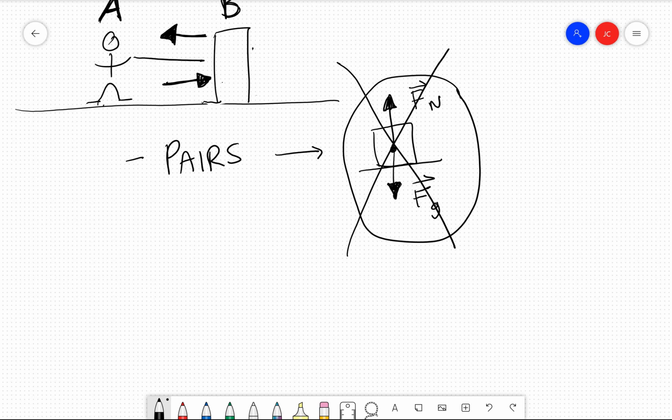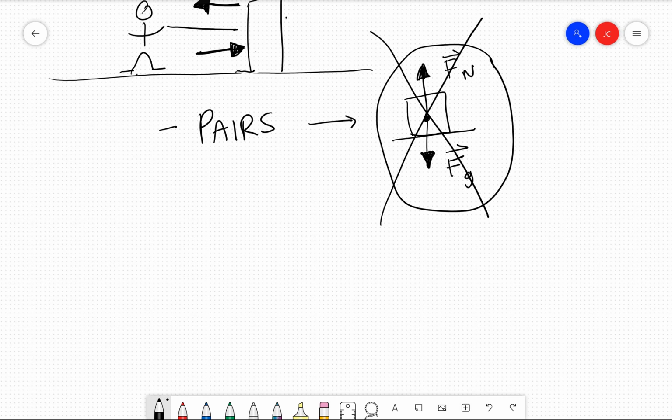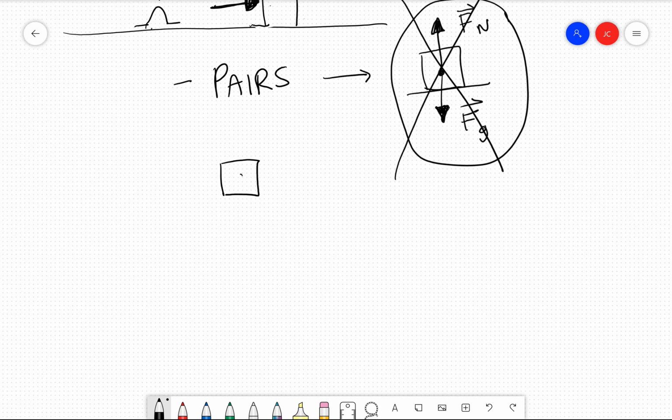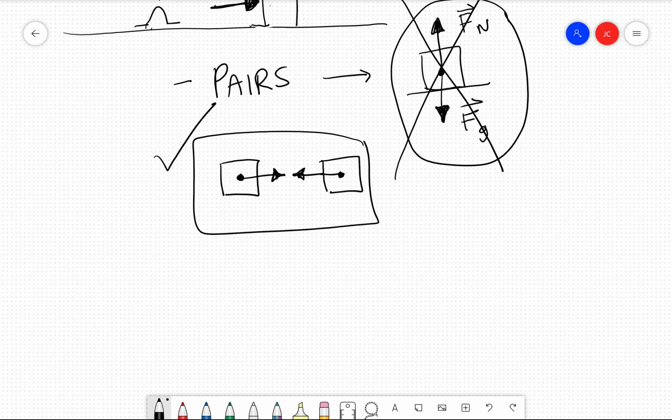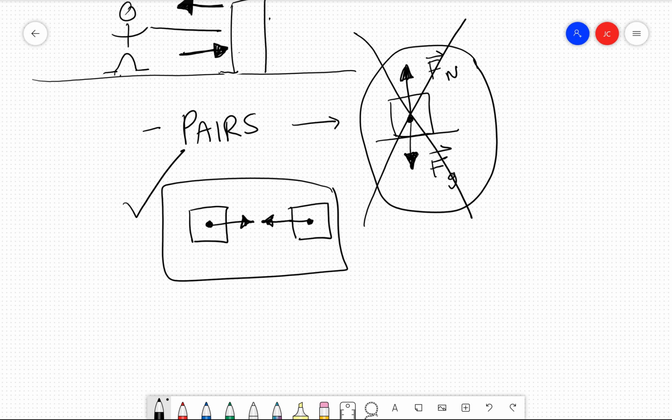Equal and opposite, like normal and gravitational forces usually are, does not necessarily mean action-reaction. You need two different bodies, for instance, a body here and a body here, where one is pushing on the other, and you're getting a reaction force from the other. This here is an application of Newton's third law. This is not. Newton's third law always requires two separate bodies, or more, never just one.